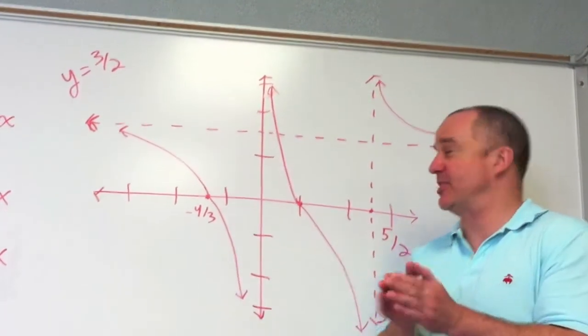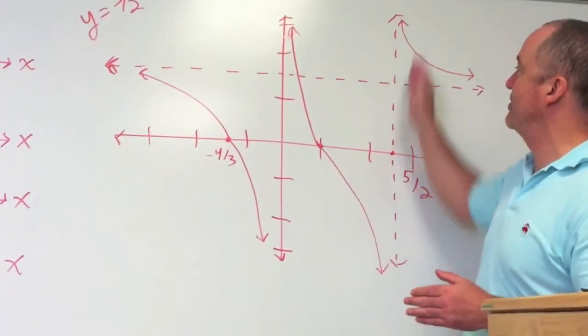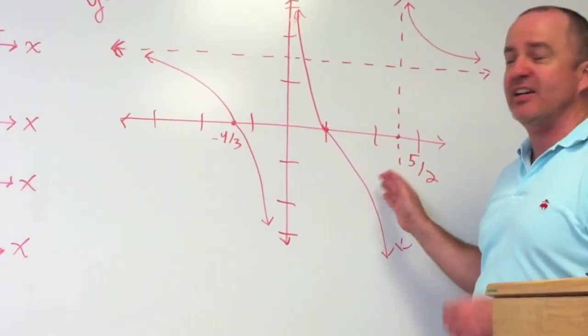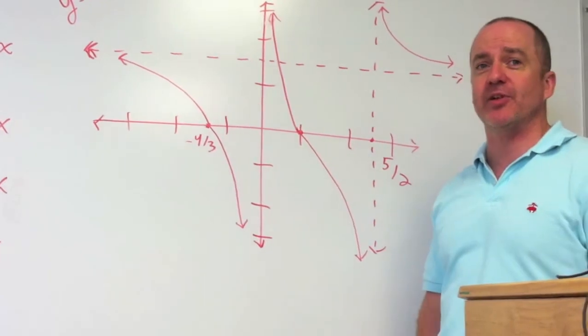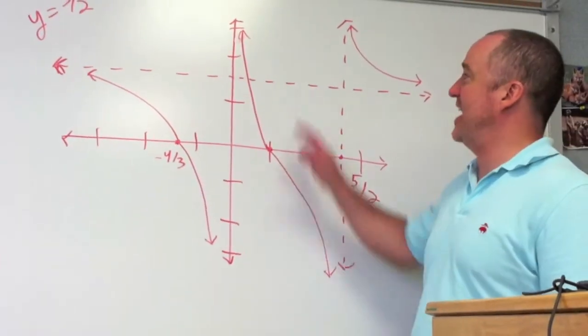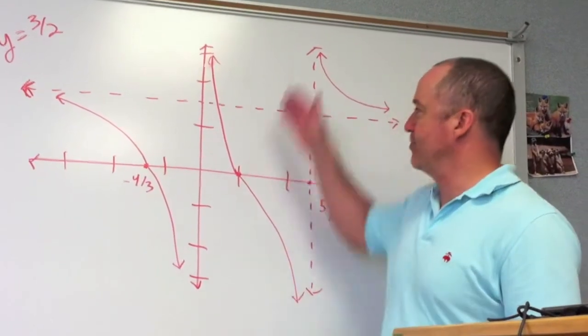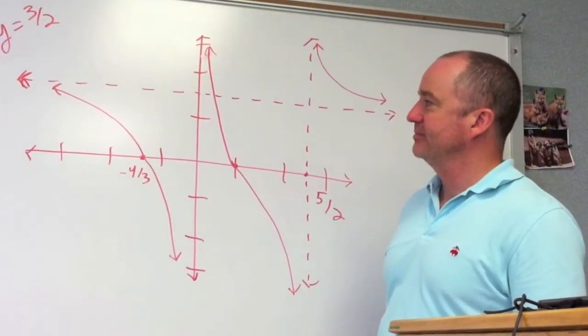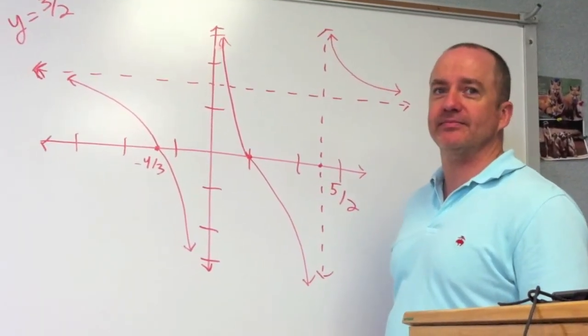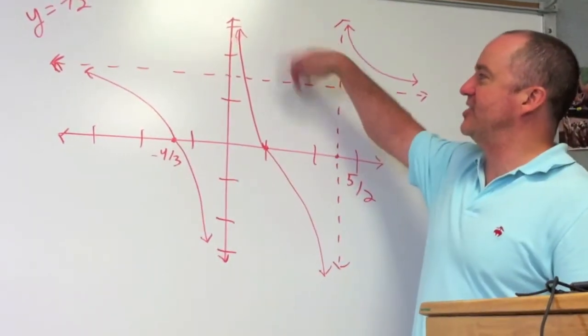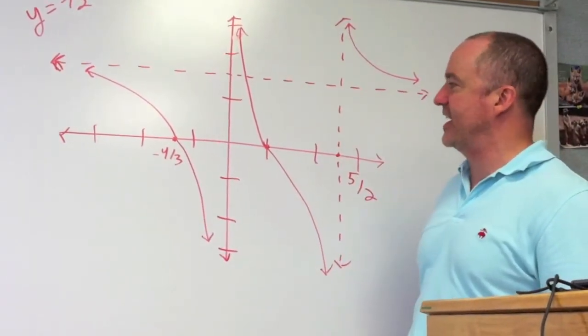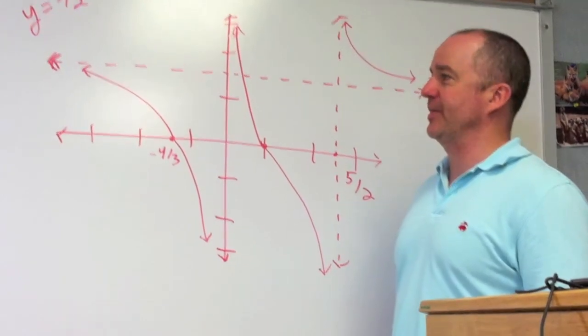A vertical asymptote is an x value where the function absolutely cannot exist. That's just not true about a horizontal asymptote. A horizontal asymptote is a tendency as x gets very large. It's not a break in the domain. It can exist at any y, it just can't exist at any x. It's very weird that way.